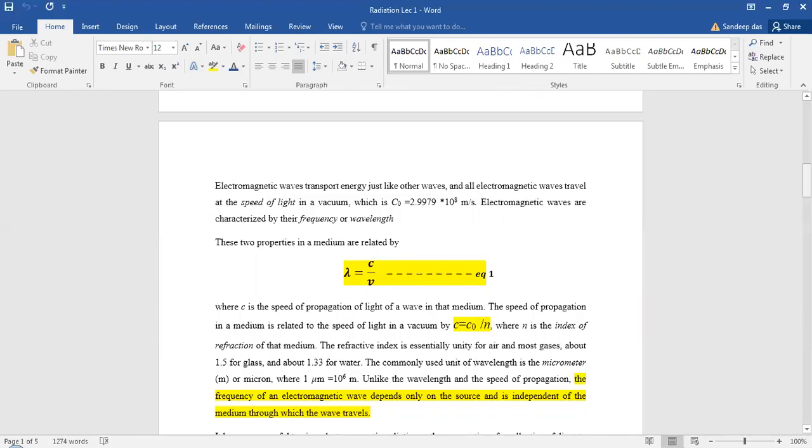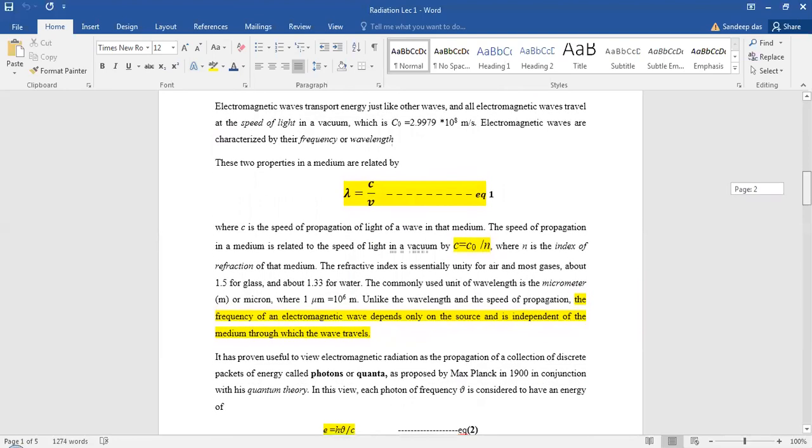Now, if we replace the medium, that is the vacuum, with some other medium having a refractive index n, then c in equation 1 has to be replaced by c naught by n, where n is the index of refraction of that medium.